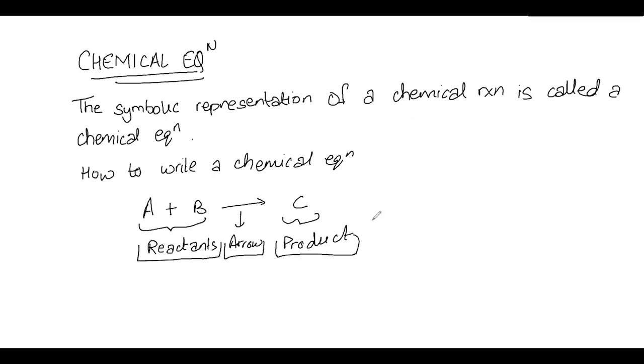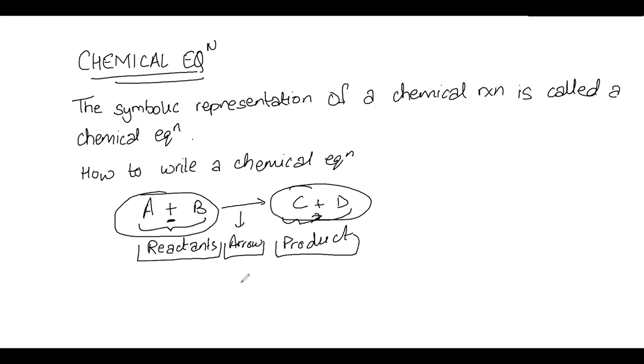Reactants are the initial substances that will react together. These are written on the left hand side, with a plus sign in between. Maybe some D is also formed. Products are written on the right hand side, with a plus sign in between them if two products are being formed.